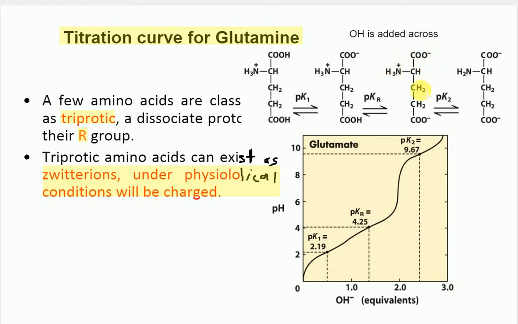This carboxyl group here also lost a hydrogen. Let me just highlight the changes to make it easier for you guys to notice. And then finally, the amino group is the last one to lose its charge. So this would technically have a net charge of -2.